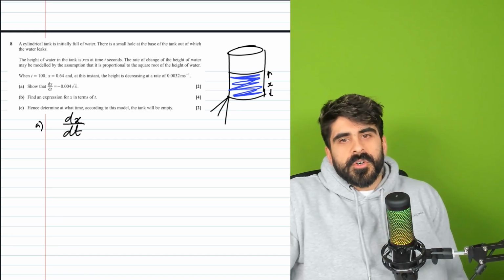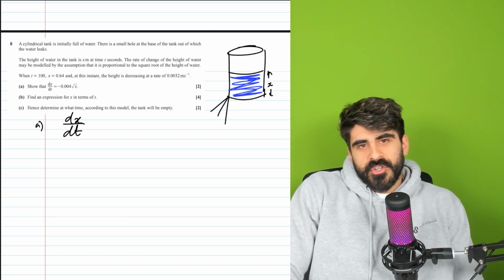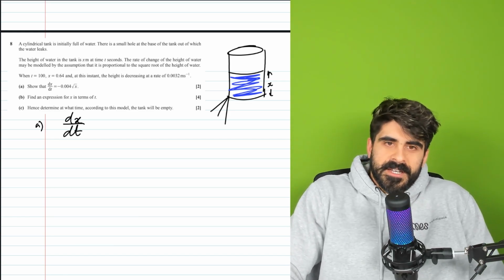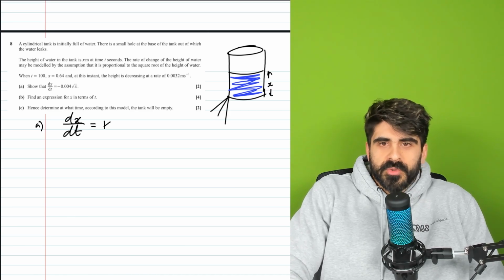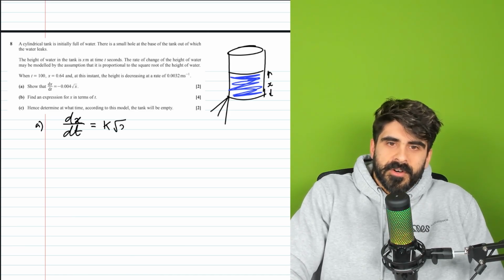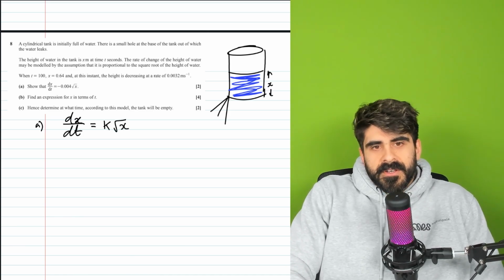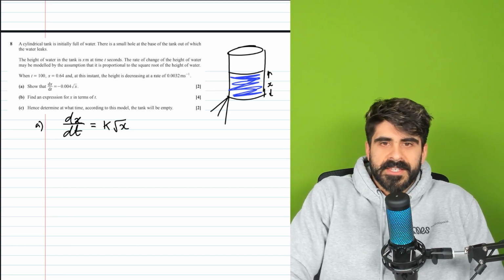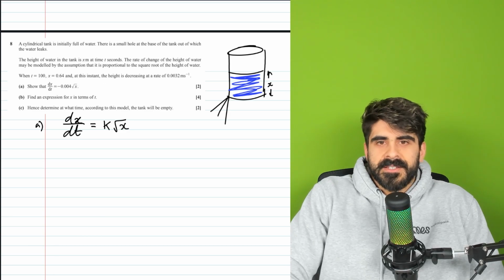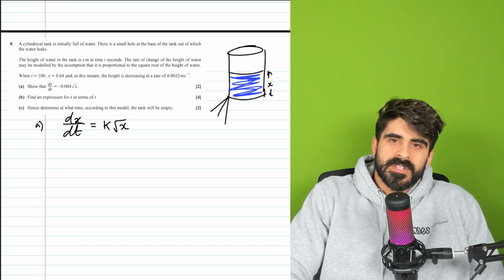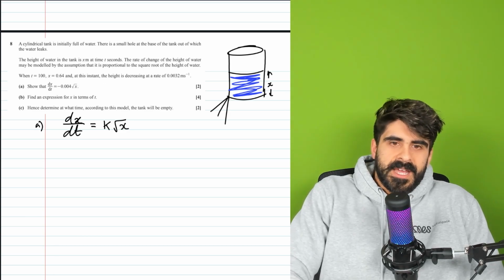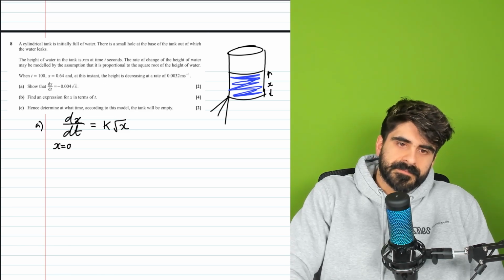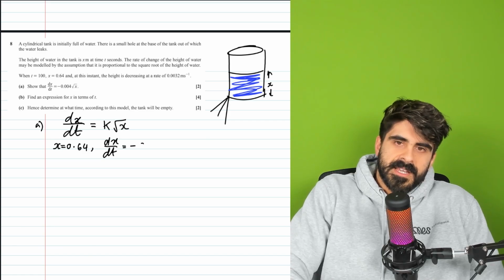The rate of change of the height of the water is proportional, k lots of the root of the height already in there. When t is 100, x is 0.64, and at this instant the height is decreasing at this rate, so that's negative. So when x is 0.64, dx by dt is negative 0.0032.